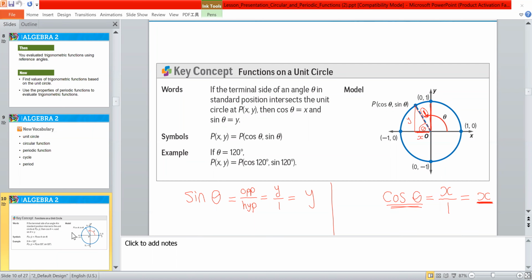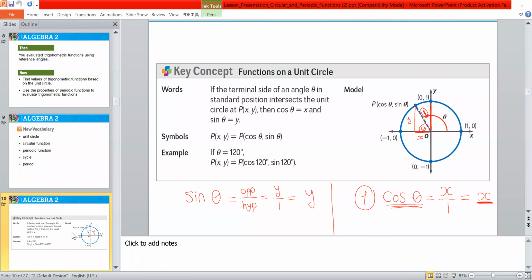So now I have cosine theta equal to x, and sine theta equal to y.